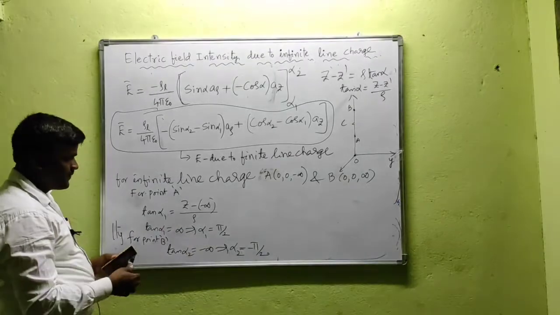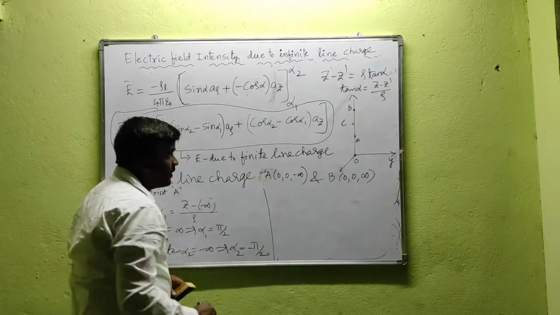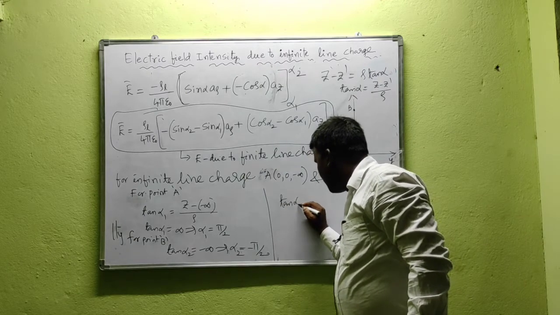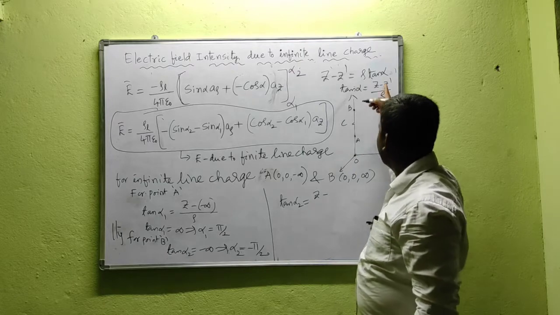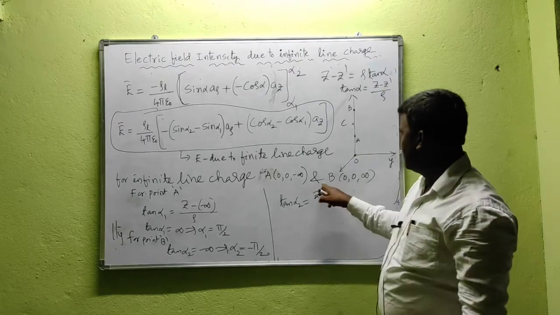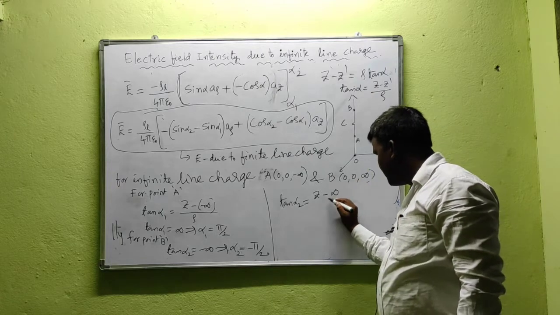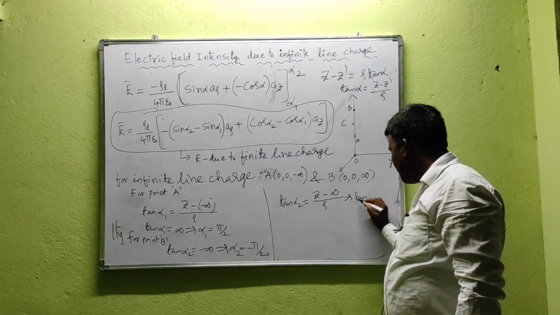Why? See here, or else substitute in. I will go back to this one. If alpha becomes alpha 2, the point is point B, z minus z dash. What is z dash? The point is 0, 0, z dash, so z dash should be infinity. That is z minus infinity by rho, and it becomes tan alpha 2.